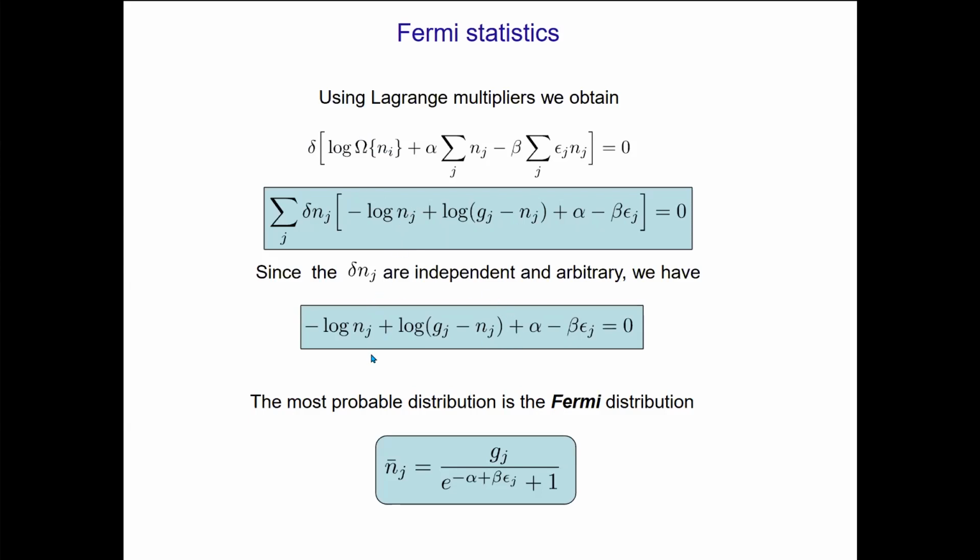So this is the equation we get, and if we solve it in terms of the occupation numbers, this is the most probable distribution of occupation numbers in this Fermi gas system, where Gj is the degeneracy, which we don't know, but later on we'll see that they actually don't matter. And there is the denominator, which depends on two constants, alpha and beta, and we will determine these constants later on.